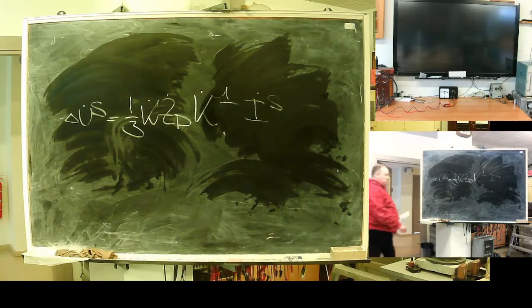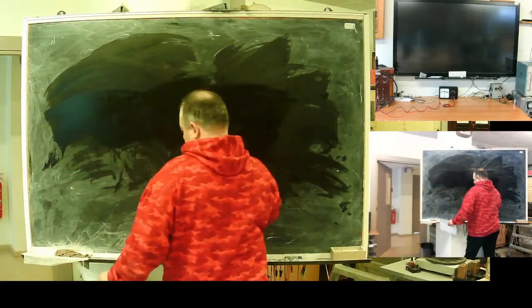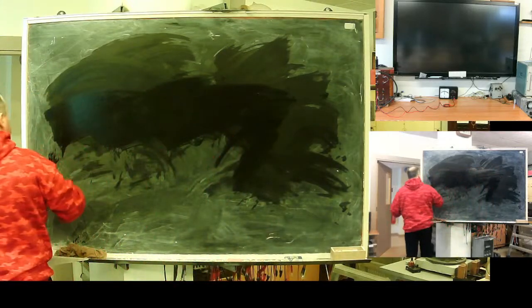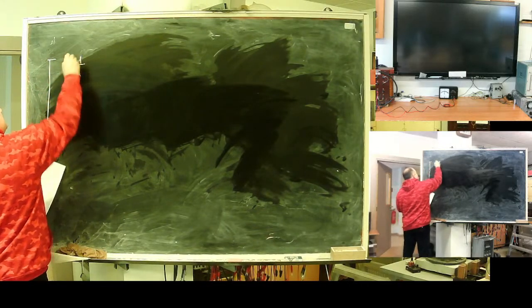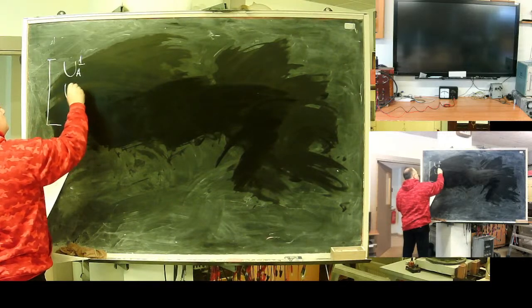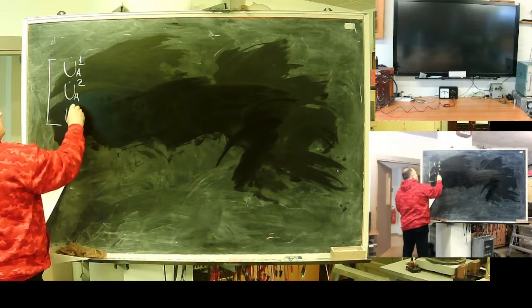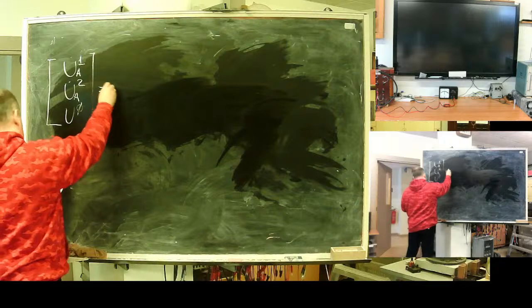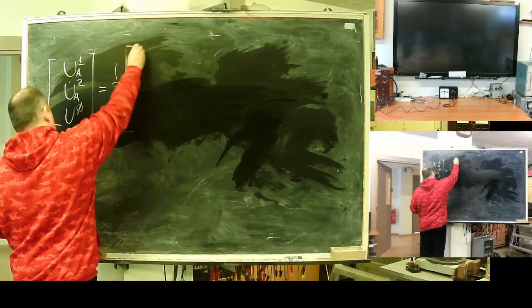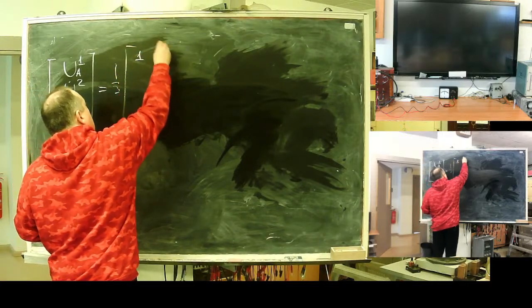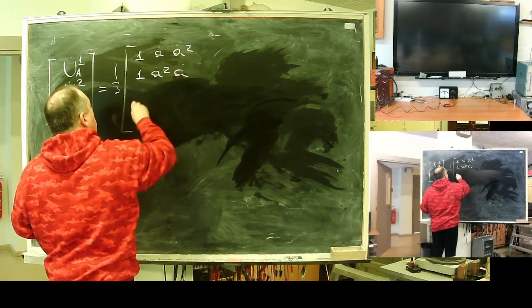Rewriting in coordinates will give me: delta U, A phase direct sequence, delta U voltage drop A phase negative sequence, zero sequence, equals 1/3 times the matrix 1, A, A square; 1, A square, A; 1, 1, 1.